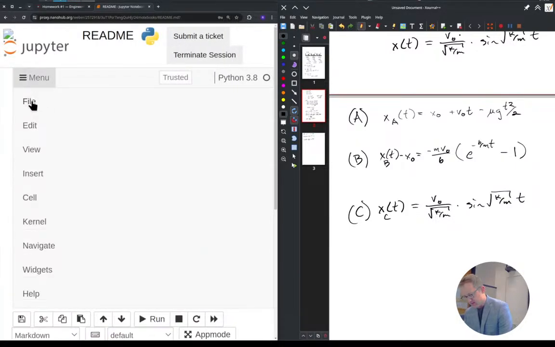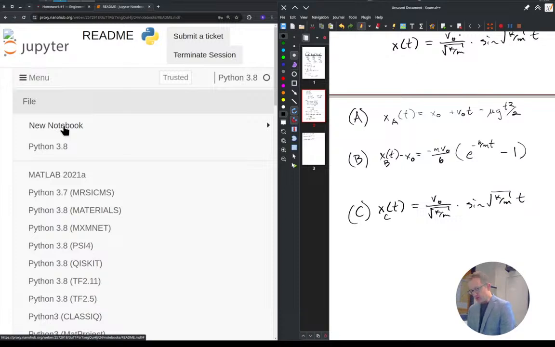And I'm just going to make a new notebook, start from scratch. You could start in module 0 since we already had that sliding problem.